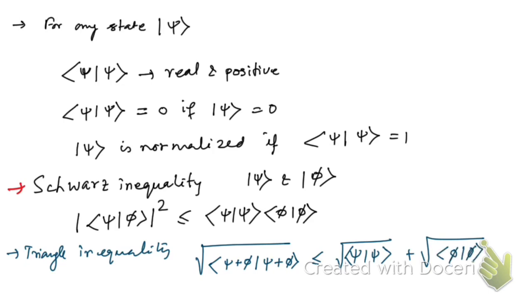This is known as the triangle inequality. So remember these properties. Now let us discuss orthogonal states. Let me clean this first, just wait, let me clean this.